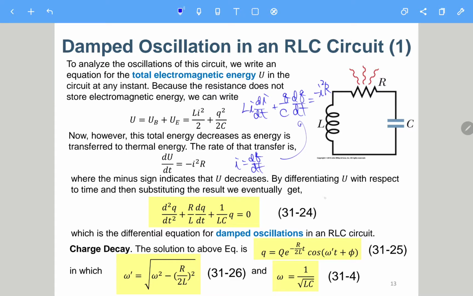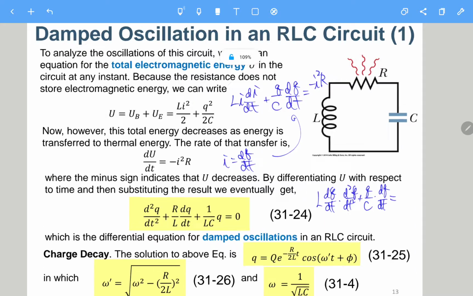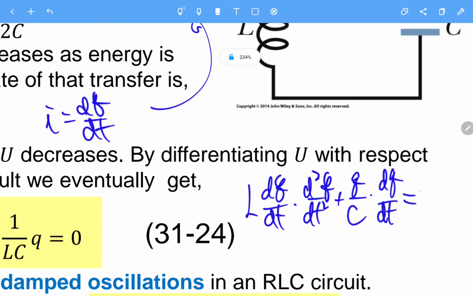So here it becomes L dq/dt times d2q/dt2, plus Q over C times dq/dt, equals negative (dq/dt) quantity squared, times R.